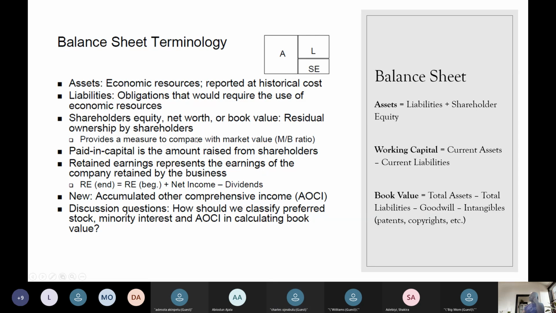Liabilities are very important. They are the obligations that companies have, and I explain this to people: liabilities are not necessarily bad. In fact, if a company is using only their own money to run the business, don't invest in them unless they really have a good reason for doing so.